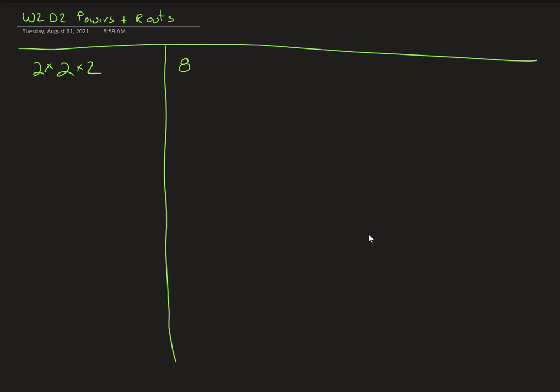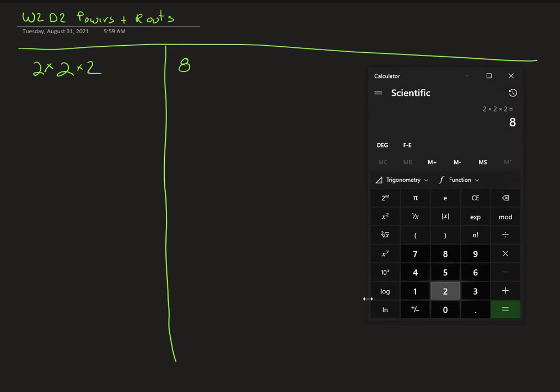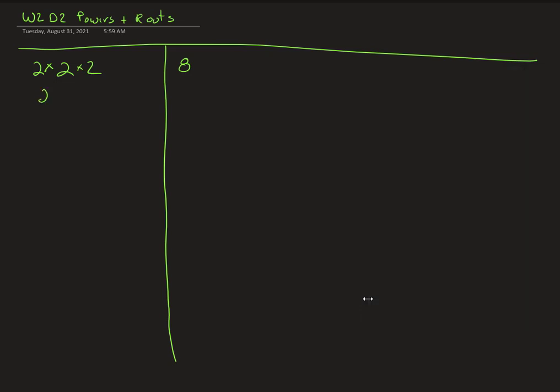Now grab your calculator, and we're going to take 2, and we're going to hit the little XY key here, to the third. So 2 to the third also equals 8.